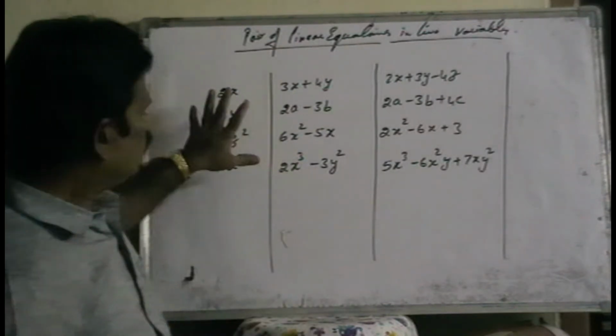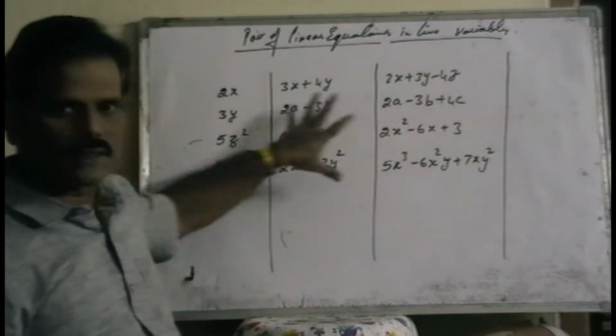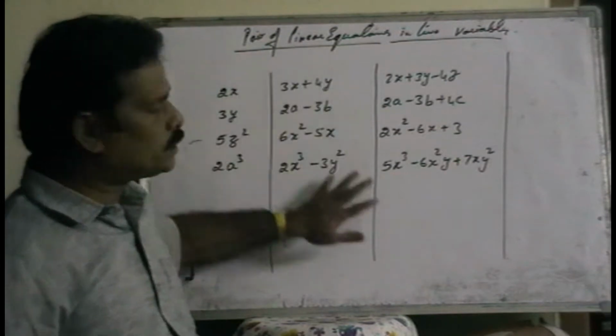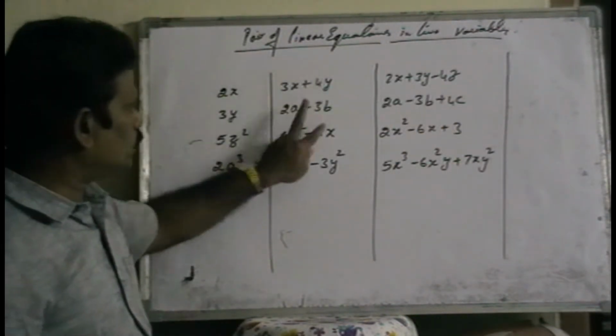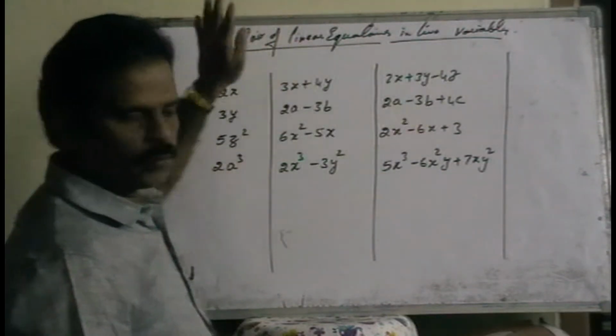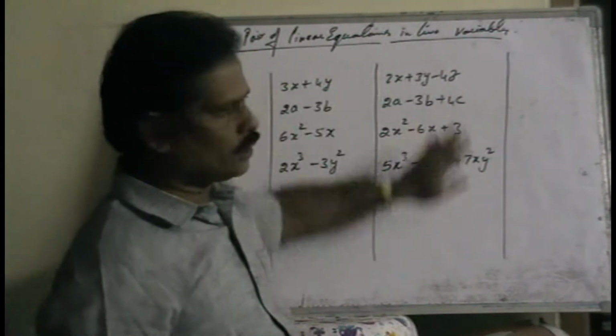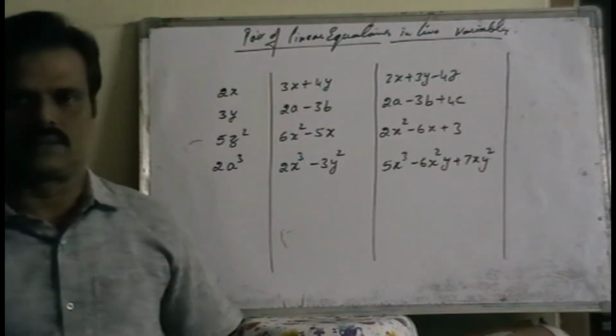Now, these are all called expressions. Why? Because it is only a single term expression, two terms expression, or three terms, that means monomials, binomials, trinomials. These are only expressions, right?